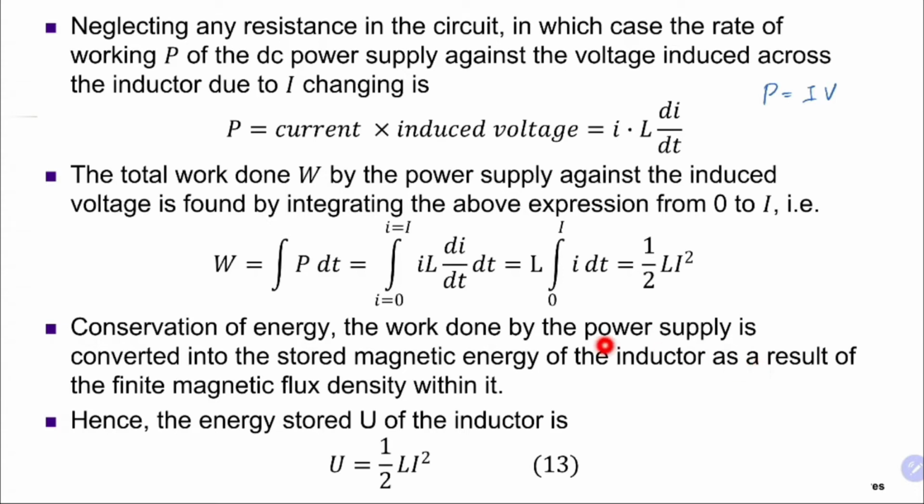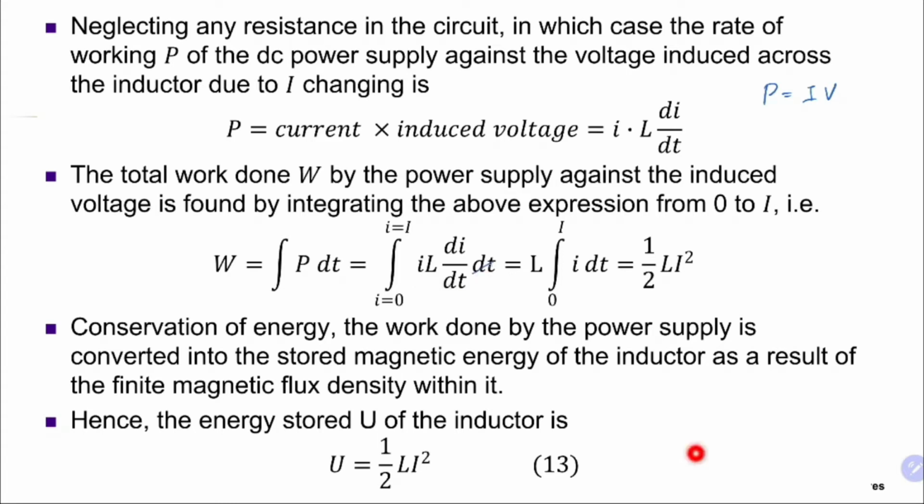So the total work done will be integrating the power against time, from the initial state where I equals 0 all the way to where I becomes the DC current I in the circuit. Your power is I times L di by dt, integrated over time.